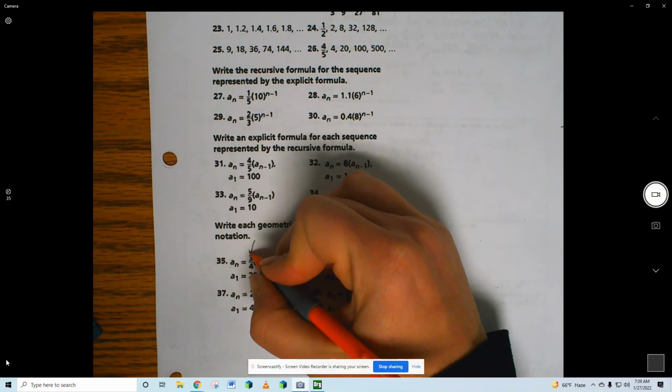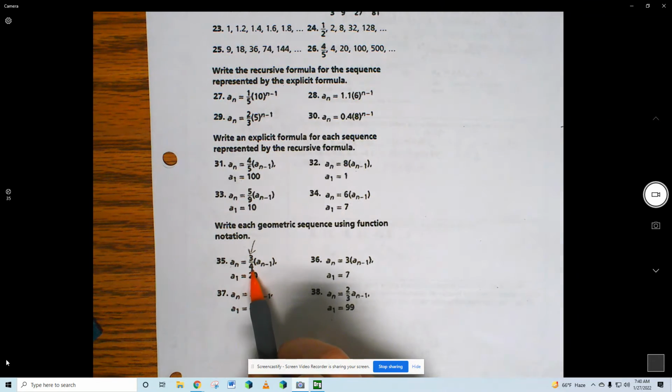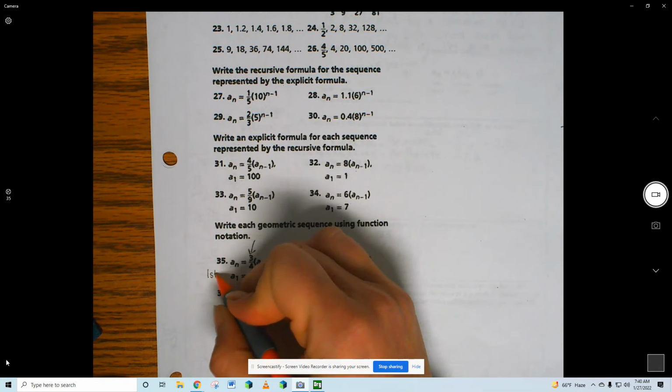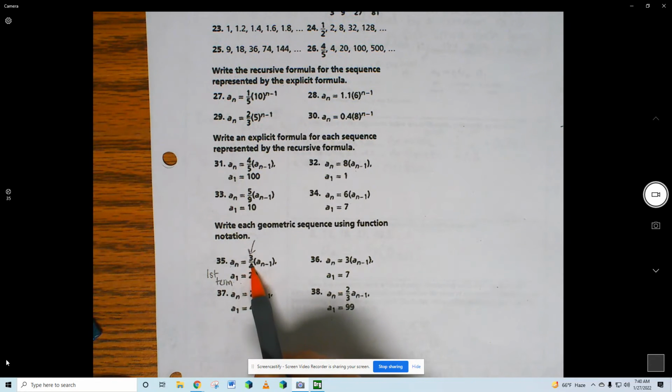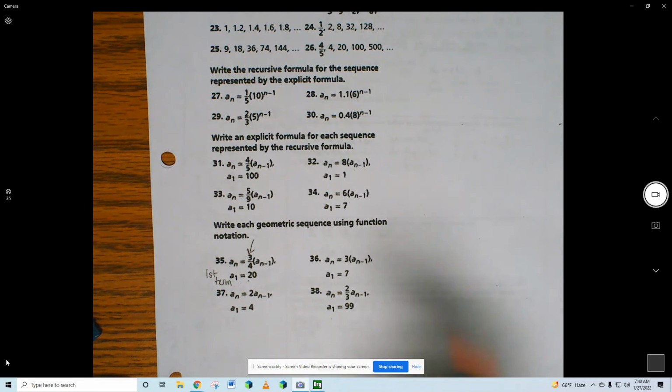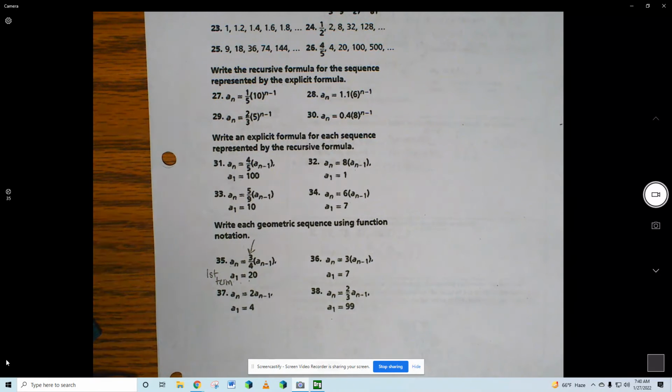3/4 is the what? It's not the first term. A sub 1 is the first term. Not the initial value. Initial value is 20. That's the first term. Initial value is the same as y-intercept is the same as starting point.